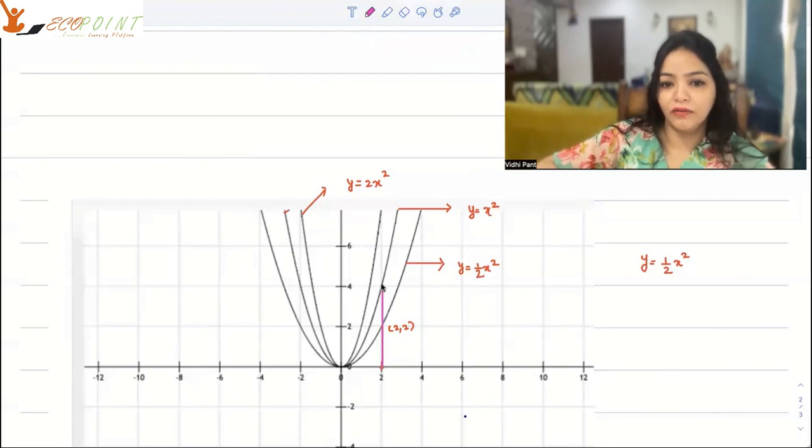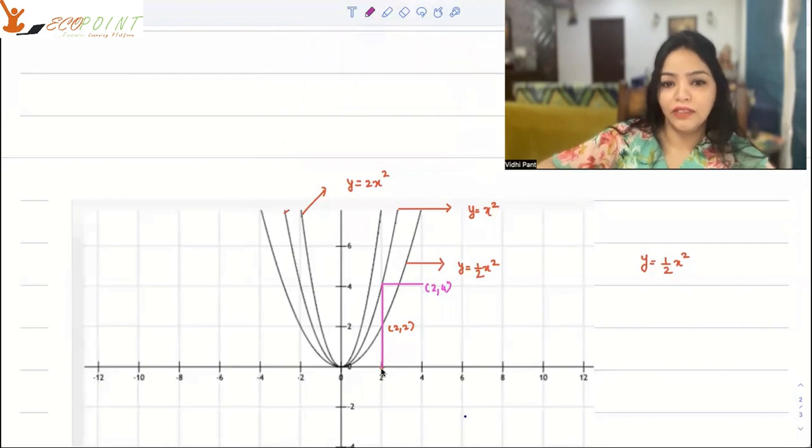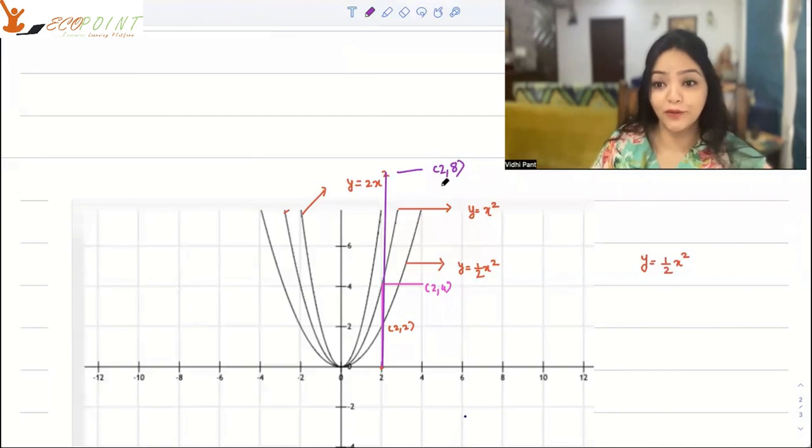For the middle one, this is (2, 4). And for the upper one, it will go somewhere up here, and the point you will get will be (2, 8) because it's going to be twice of 4. So keeping the x values the same, you can compare the 3 graphs.